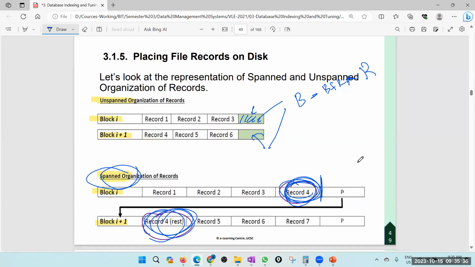But anyway, that waste is very small. So unless they talk about it, you can always assume we use unspanned record organization. That is the difference between spanned versus unspanned.